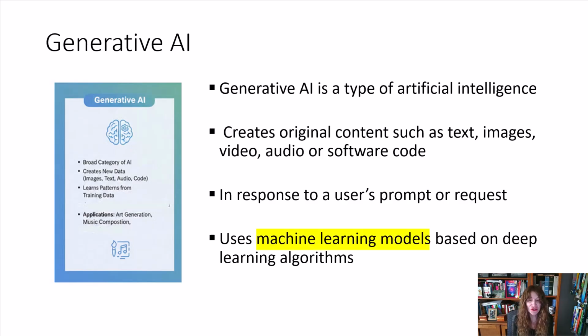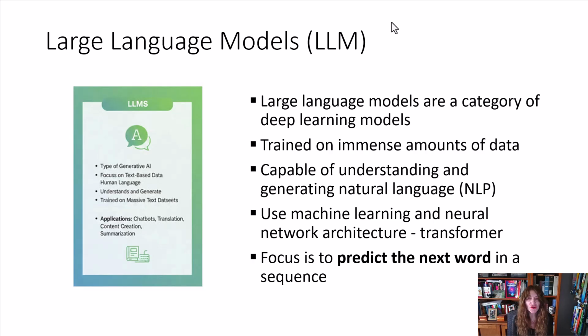Behind the scenes, it uses machine learning models which are based on deep learning algorithms. A large portion of our generative AI uses large language models, and they are a category of deep learning models trained on immense amounts of data which are capable of understanding and generating natural language.